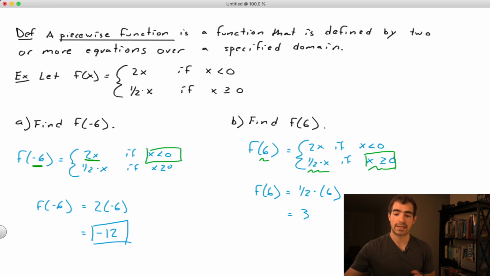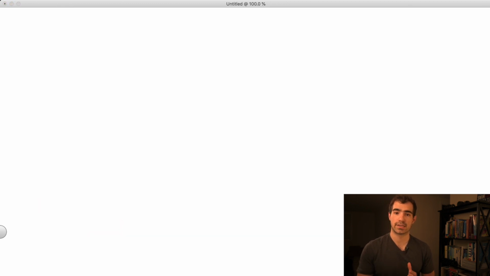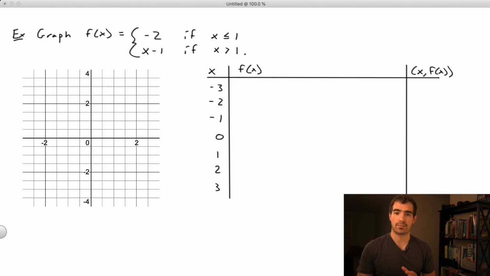And so we can take that same idea, now that we have an understanding of how to evaluate these, and graph them by the same process that we did when we graphed functions previously. We can plot the points.